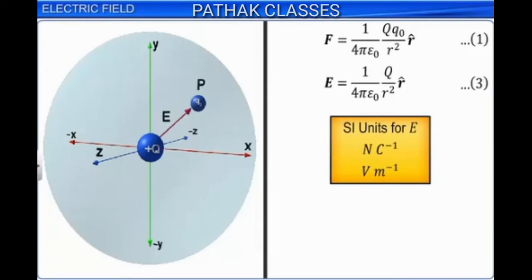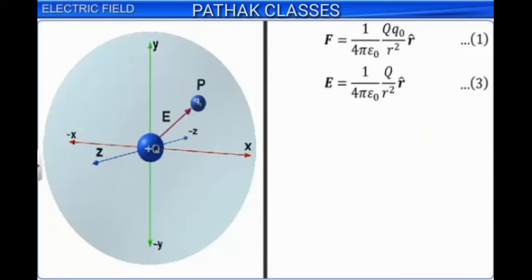From equations 1 and 3, the force on the charge q0 can now be expressed as F equals q0 E. Let this be equation 4. Hence, we can write the electric field strength at P as E equals F by q0. Let this be equation 5.